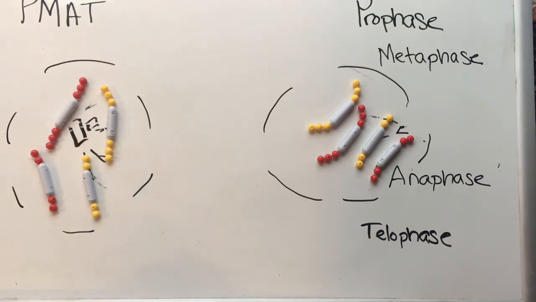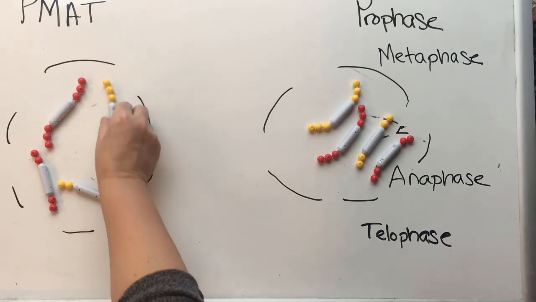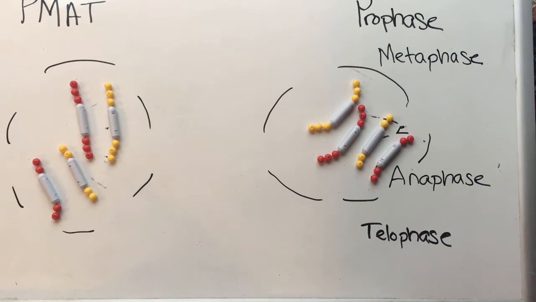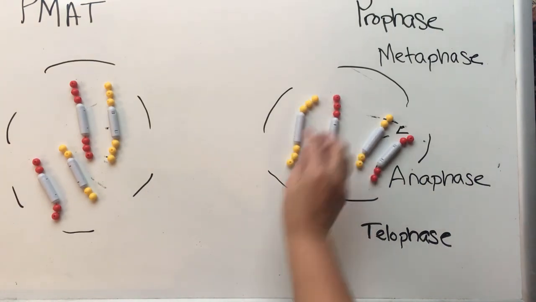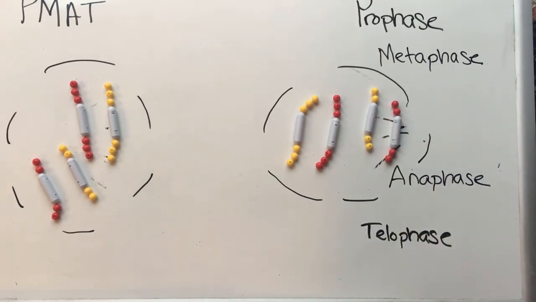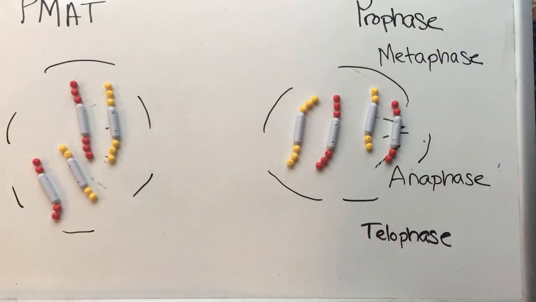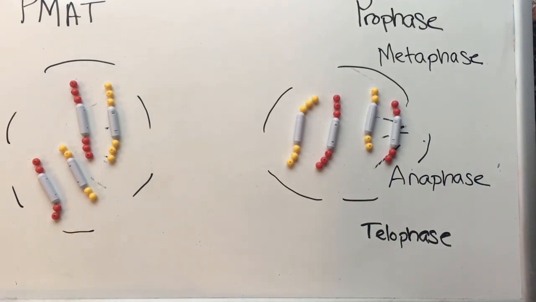And if you look carefully, you can see that you have 2 copies of chromosome 1 and 2 copies of chromosome 2 over here. 2 copies of chromosome 1, 2 copies of chromosome 2. And so we have genetically identical piles of DNA not only to each other, but to the initial cell that we started with.